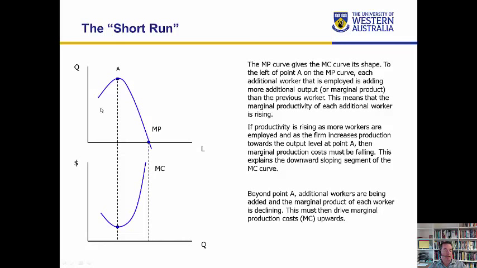So we've got this inverse relationship between the marginal productivity of each worker and the marginal cost of production. As this team works better and better together, the marginal product rises, and that allows them to produce each additional unit at a cheaper cost per unit. So marginal product, marginal cost.